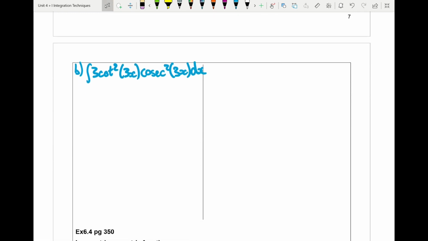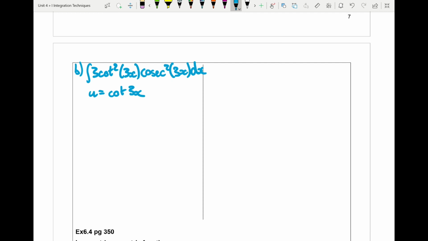Okay, so what we want to do here is a variable transformation where we let u equal cotan of 3x. Now, why are we doing that? Well, we know that the derivative of cotan of x is equal to negative cosecant squared of x.